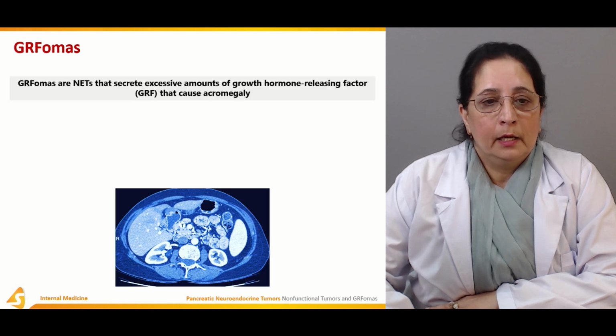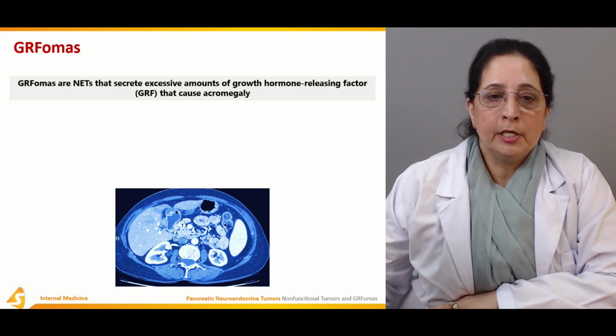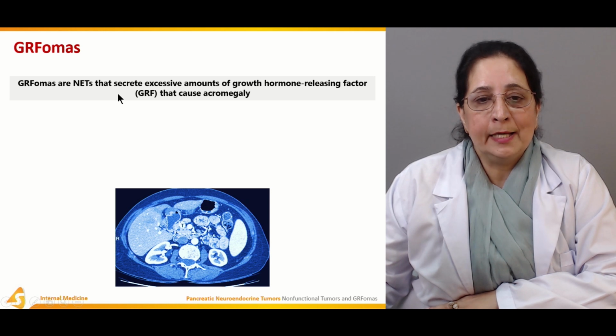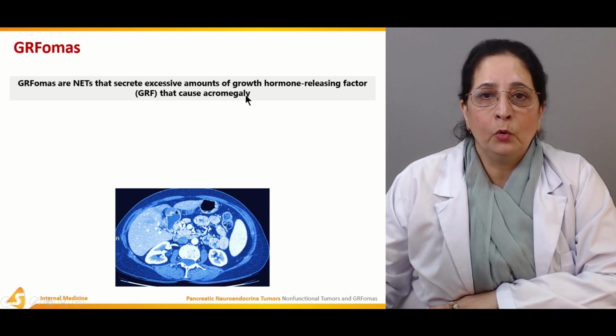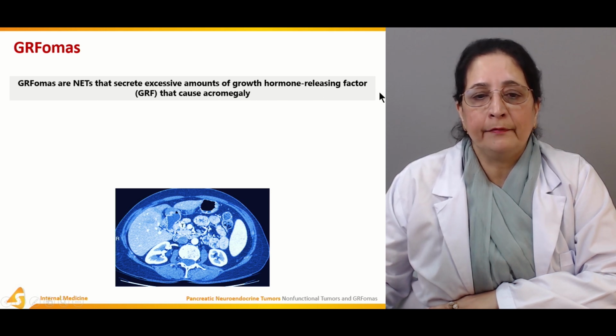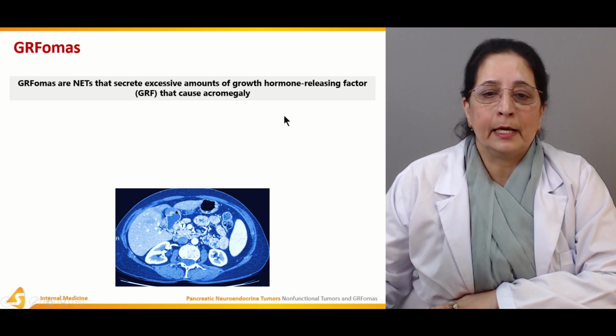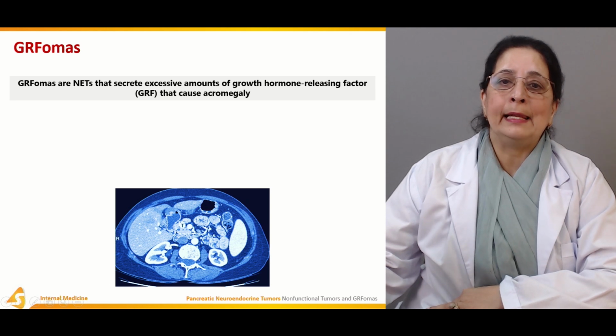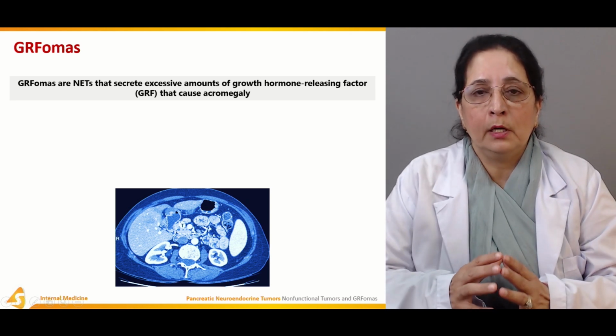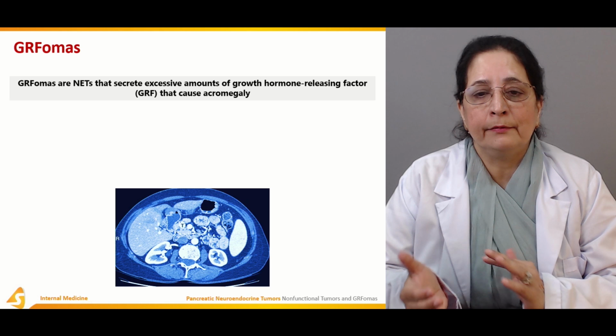GRFomas are neuroendocrine tumors that secrete an excessive amount of growth hormone releasing factor that causes acromegaly.